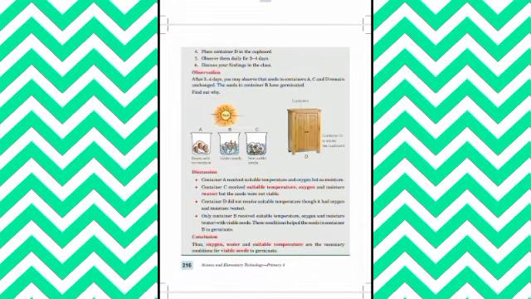Number 4, place container D in the cupboard. And 5, we have to observe them for 3 up to 4 days. 6, we have to discuss what we have seen, our findings, together in the class.